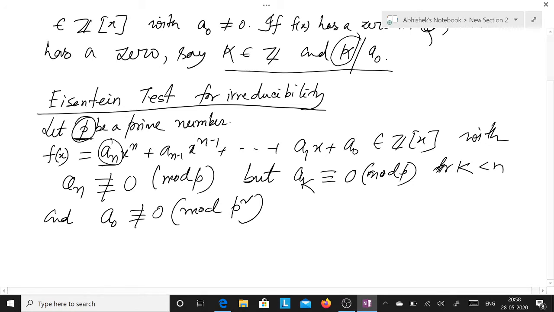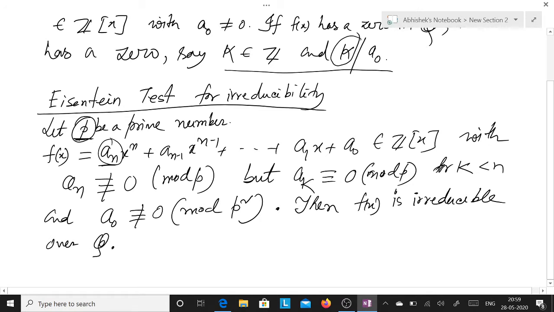So having satisfied these conditions, the polynomial f(x) that we have chosen will be irreducible over Q. This is the conclusion of this test: if this polynomial satisfies these conditions with respect to a prime p, then the polynomial over Z is irreducible over its field of quotients, which is Q.